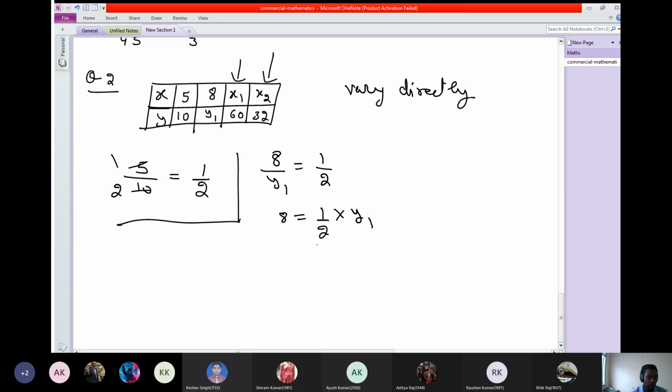Then this 2 goes to the other side, this side it will be in division, on the other side it will be in multiplication, and you will find the value of y1 equal to 16. Clear, or no doubt? No doubt, sir. Now the same for the next one.